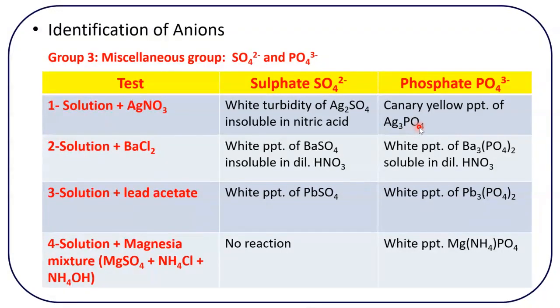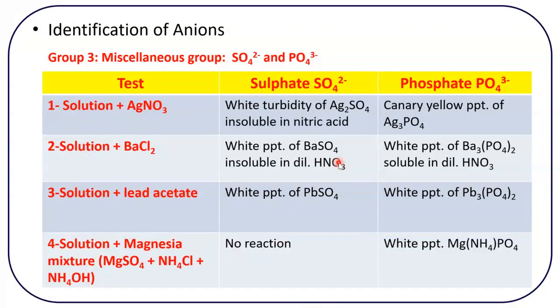Ag3PO4. The second confirmation test is solution plus barium chloride. In case of sulfate, you will see a white precipitate of barium sulfate, and this is also insoluble in dilute nitric acid.